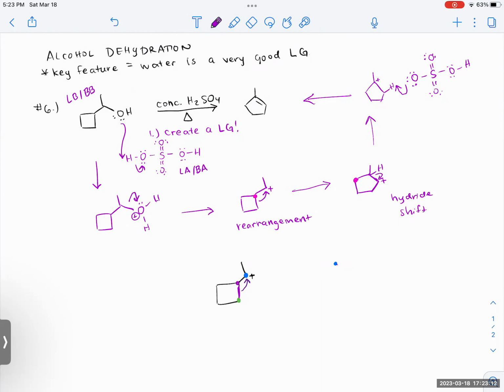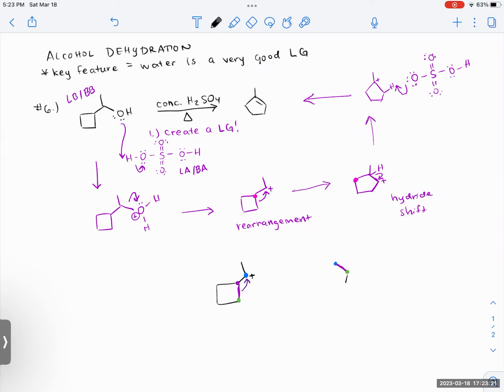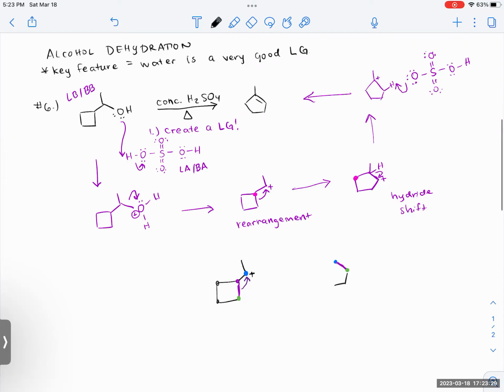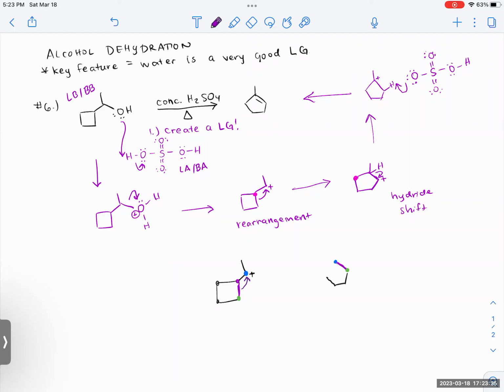And we're going to end up having that line there, green, black, this carbon. So we have 1, 2 carbons. Purple.